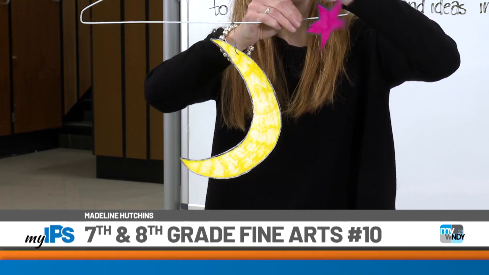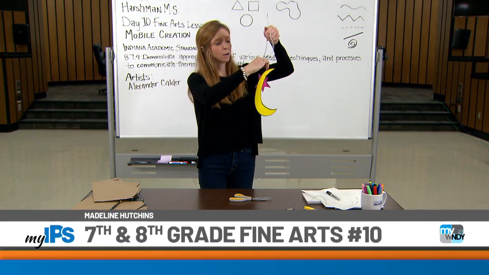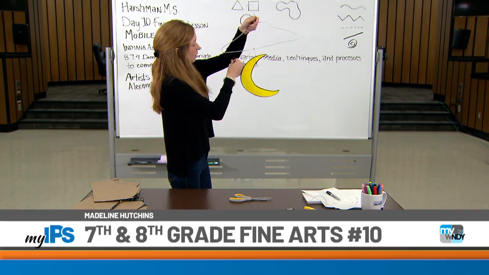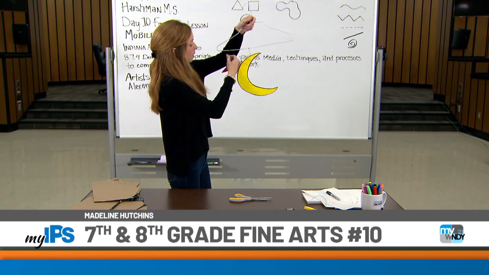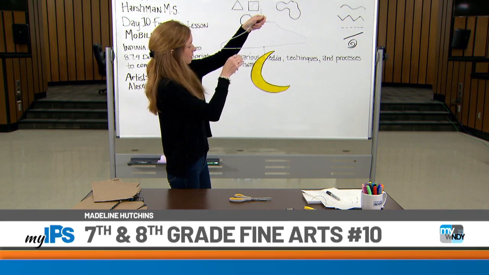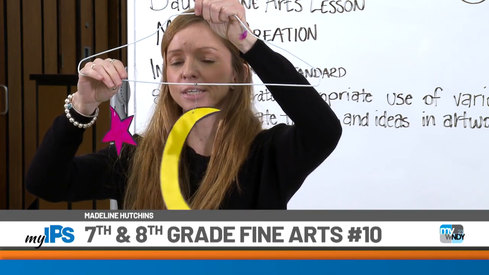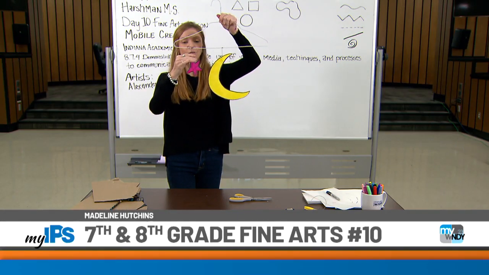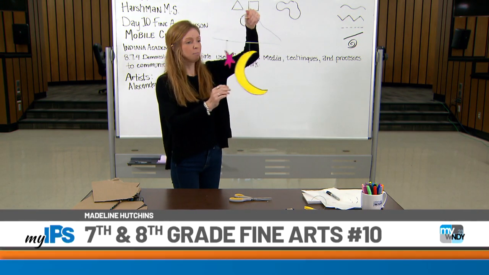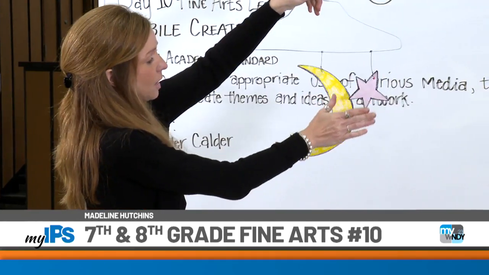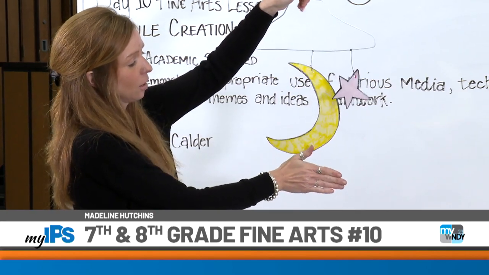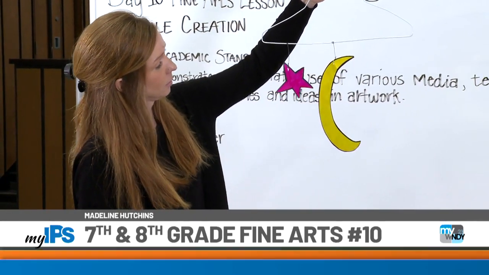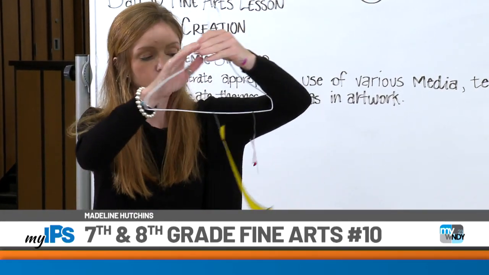Okay, so far, this is what I've got. Not too bad. Now, if you're really a stickler and you want to color both sides of your paper so your mobile can be seen from both sides, because as you can see, the back is not colored, but the front is. That's up to you.